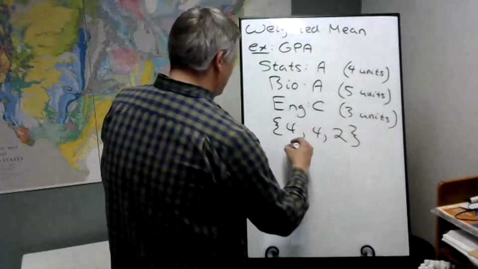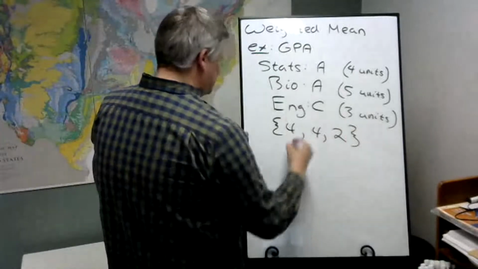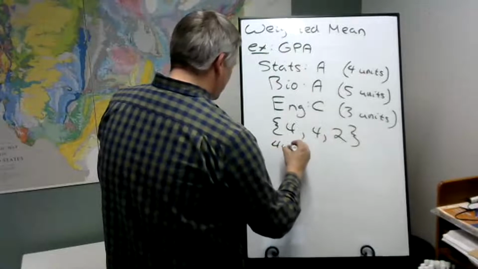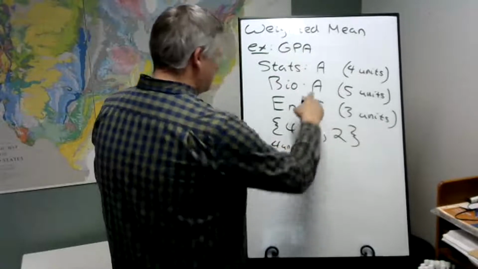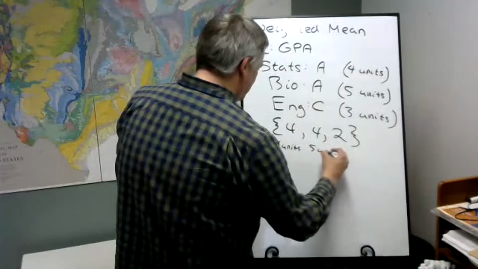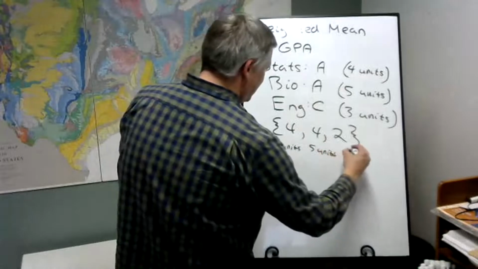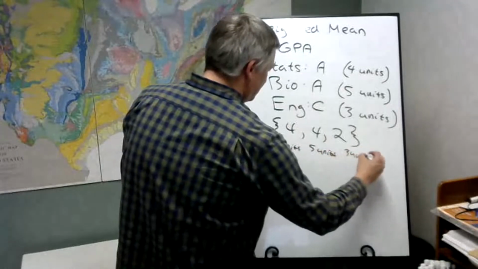And this has a weight from stats. The weight is 4 units. The weight is 5 units. And the weight here is 3 units.